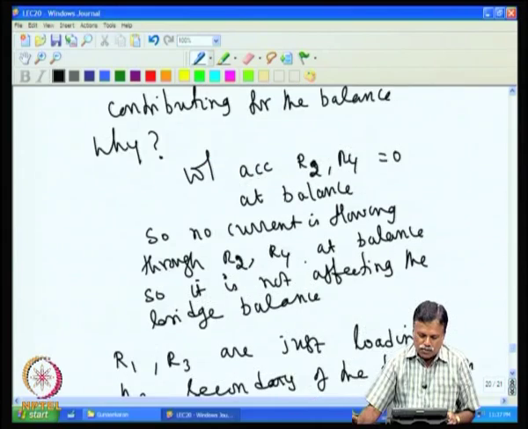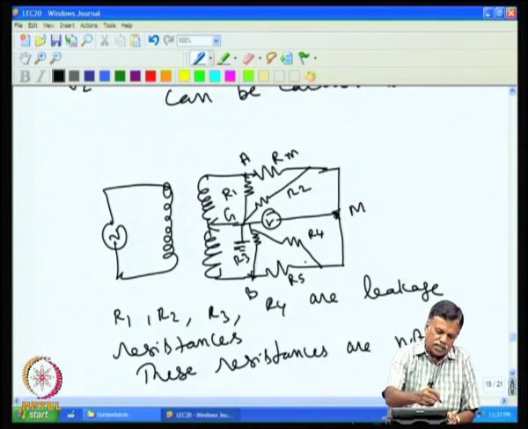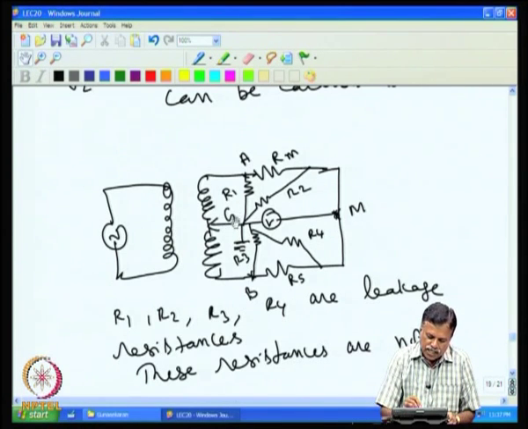Now, the only problem with this is how to balance the bridge, because somebody has to manually balance this, and only then is it possible to find the ratio of V1 and V2. Essentially you have to balance this and measure the voltage V1 here and V2 here. V1 by V2 will give you Rm by Rs.